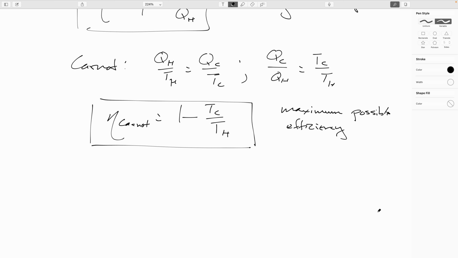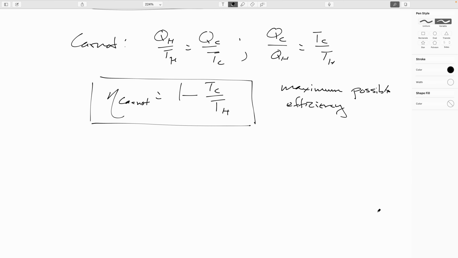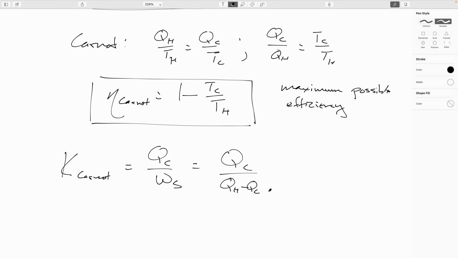By the same token, we can also work out what the coefficient of performance of a Carnot refrigerator would be. So remember, that is equal to Q cold over the work we got out of the system. By the first law, that's Q cold over Q hot minus Q cold.